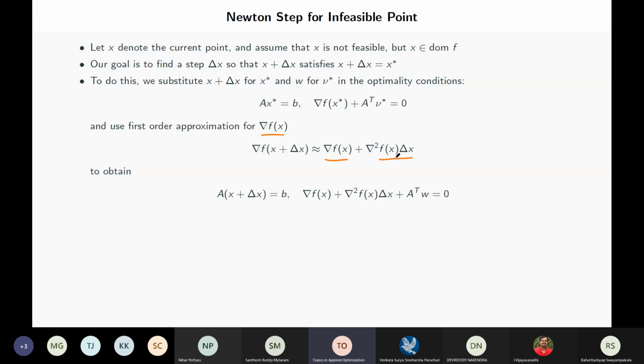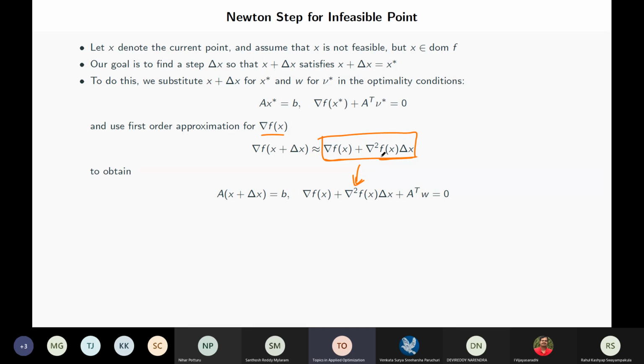So the first order approximation of grad f(x) is this, to obtain A(x plus delta x) equals b, and grad f(x) plus grad square f(x) delta x plus A transpose nu. OK, so we have used the first order approximation of grad f, and we have used the equality constraints, and this is the KKT for that.